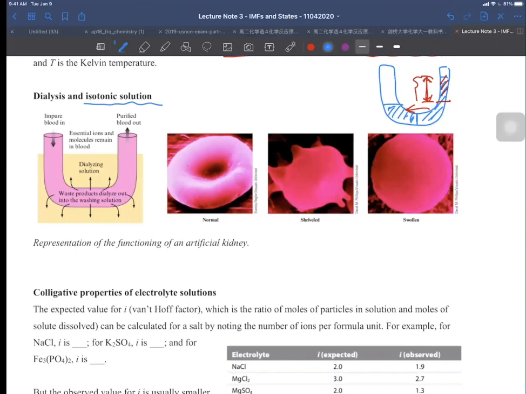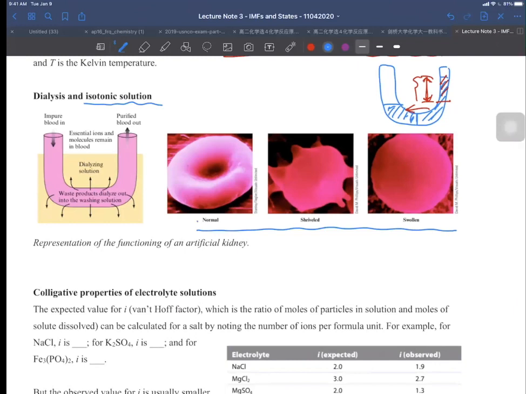Let's say you didn't eat for a few meals, right? But we cannot just give you the glucose. We need to make sure the solution which is injected into your body has the same osmotic pressure as your body fluid. Otherwise, there will be some results like this.